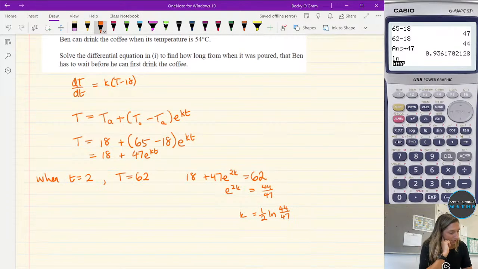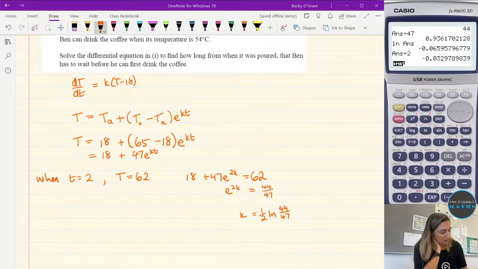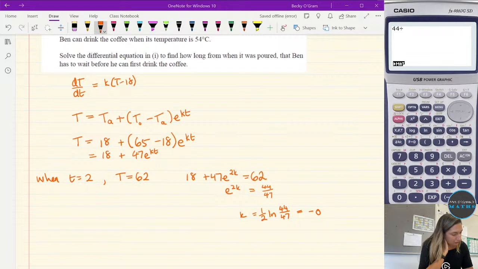So let's go with natural log of our answer and then divide it by 2, which is minus 0. I think I've done that wrong. Hold on. 44 divided by 47. Natural log of that and then divide it by 2.